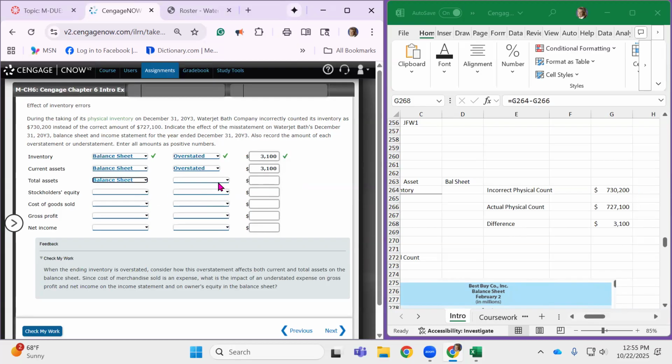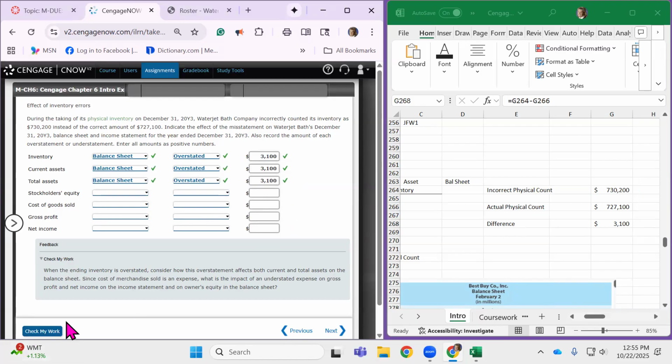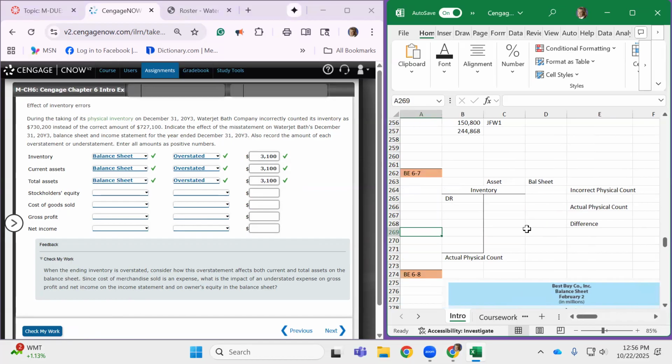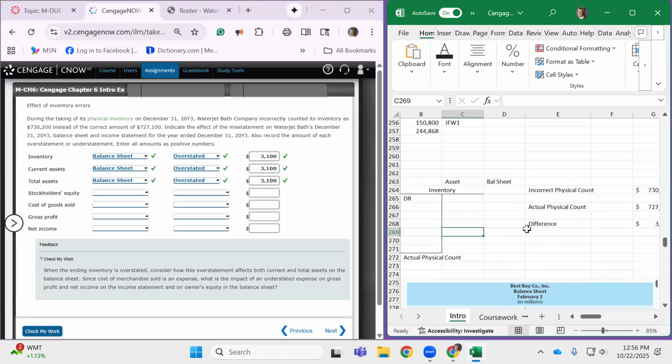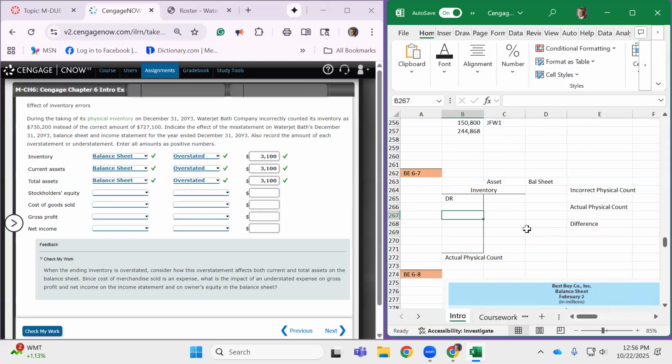So total assets are on the balance sheet. All of the assets are overstated if we don't change it. Okay, so yes, all of those are that way. Now, here's the thing. This also gets counted as cost of goods sold. As inventory goes down, the amount of cost of goods sold also goes down.